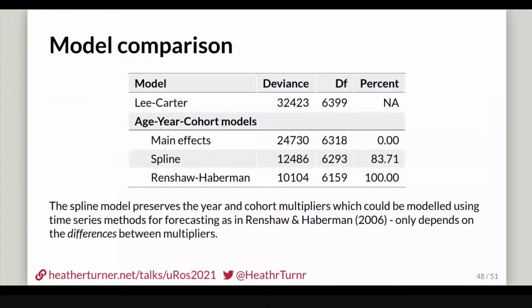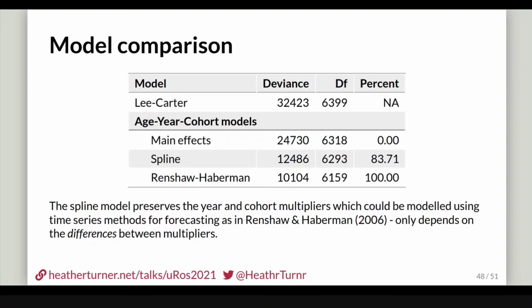So let's take a look at what we've got. These models aren't nested, so we're not doing an analysis of deviance here. But the Lee-Carter model had a deviance of over 30,000 on 6,399 degrees of freedom, so a lot of over dispersion relative to degrees of freedom.